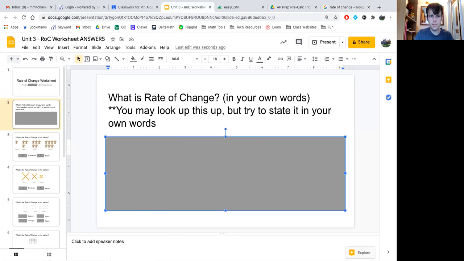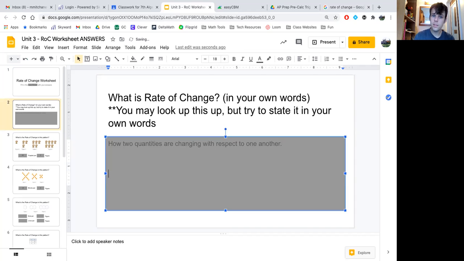All right. So here's my working definition: how two quantities are changing with respect to one another.